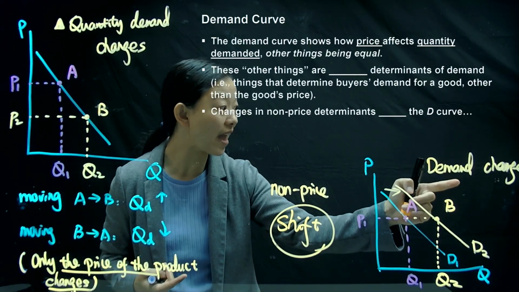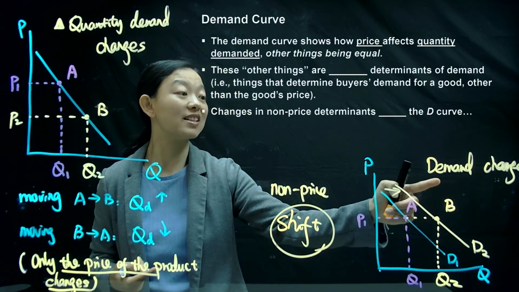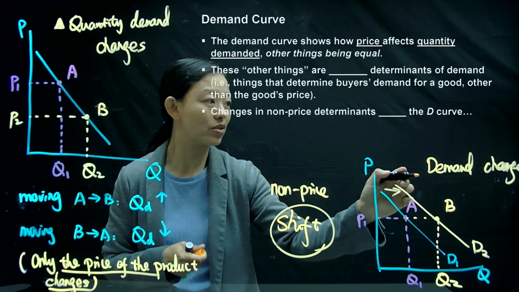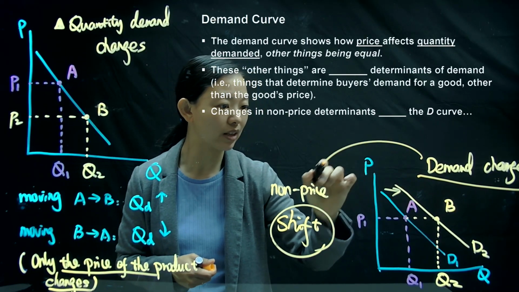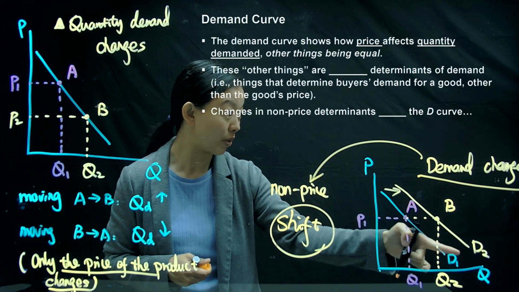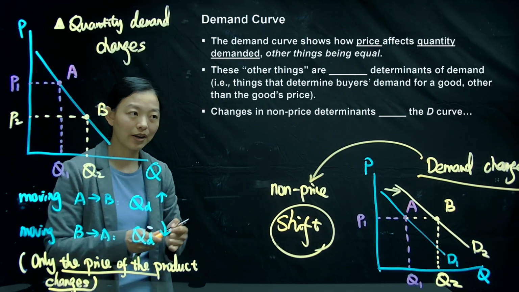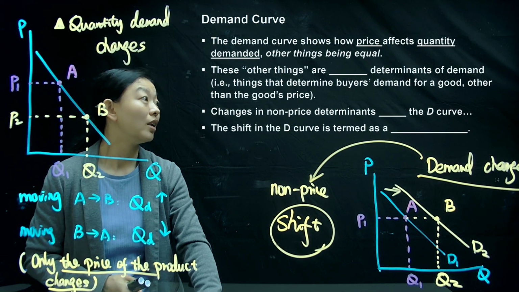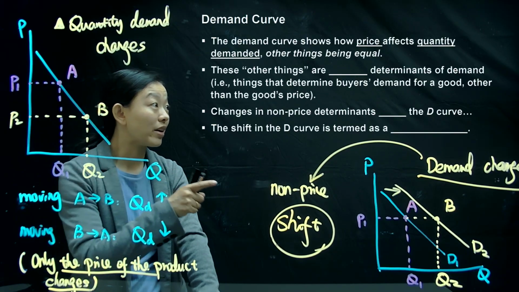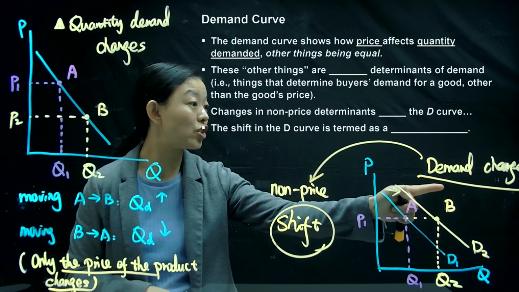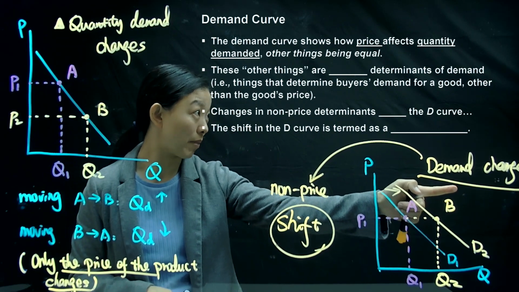We will say the demand changes. This is the demand change related to non-price determinants. And then we have multiple demand curves here, right? Understand? This is very important. The shift in the demand curve is termed a change in demand. A change in demand. Okay?